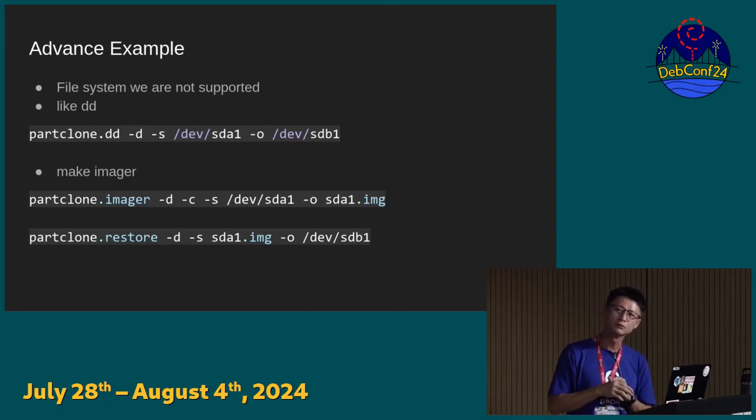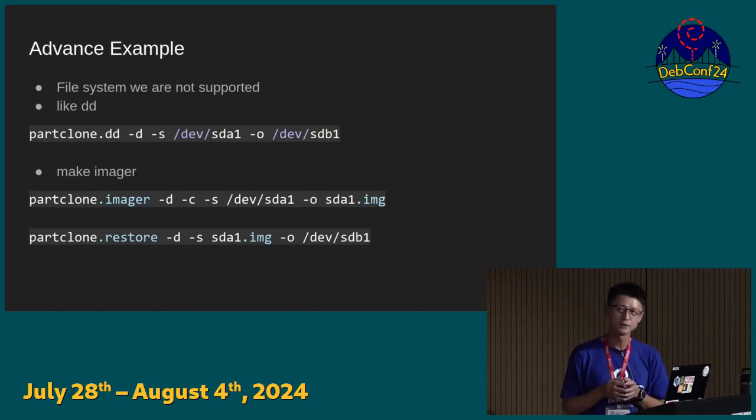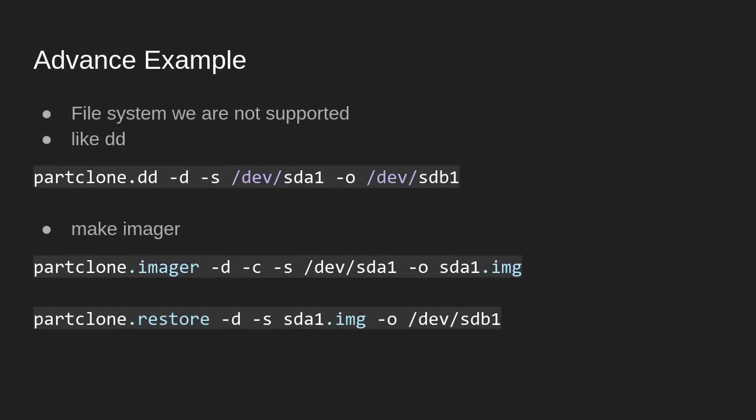We run Partclone DD to take the source device and output to the target device. The result is like running DD directly, but the difference is it uses the same UI interface, so for users, maybe they feel familiar with that.